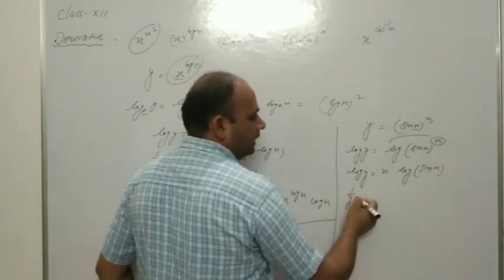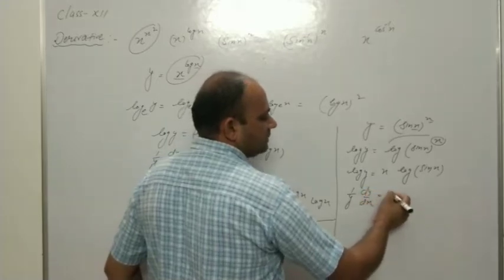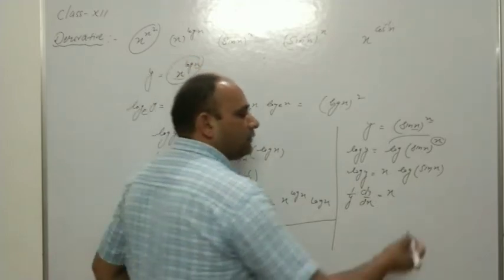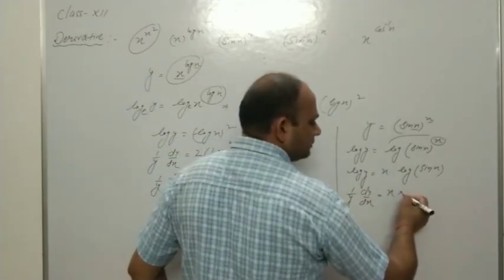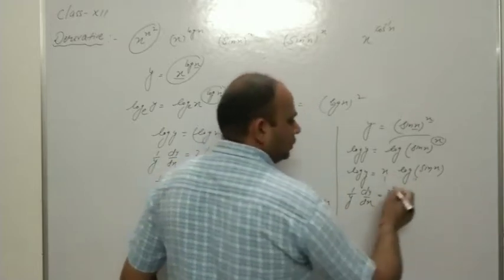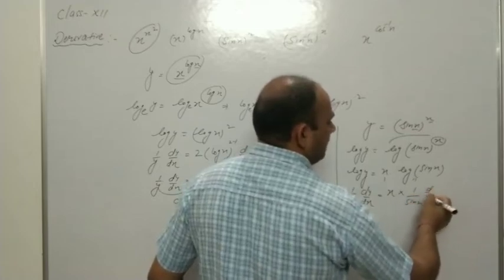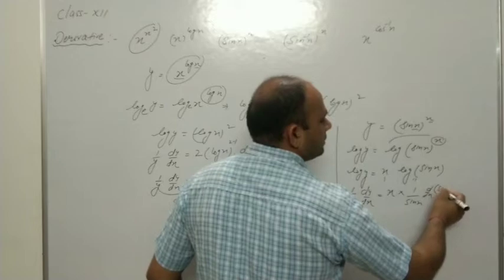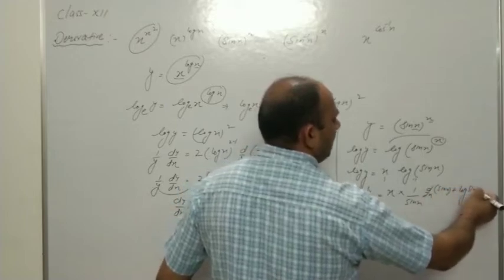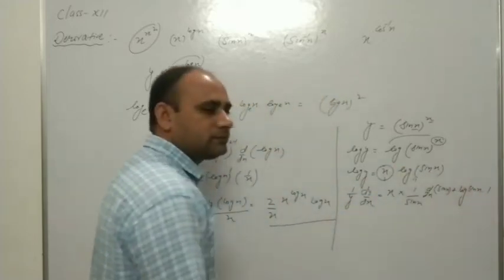Derivative of log y is 1 upon y and dy by dx. x as it is, derivative of log sin x, first as it is, derivative of second. So log sin x gives 1 upon sin x, but the derivative of sin x also, plus log sin x into the derivative of x, which is 1.